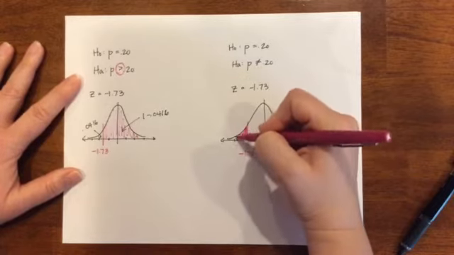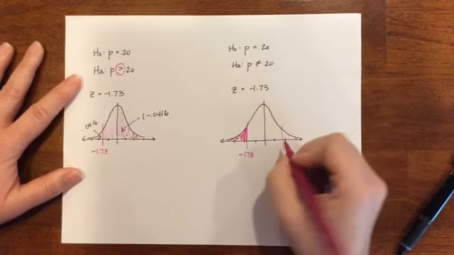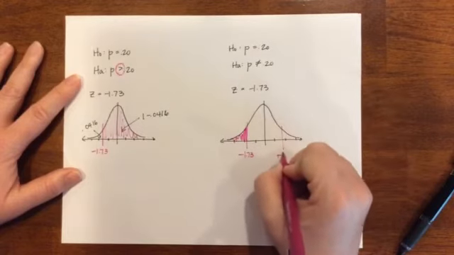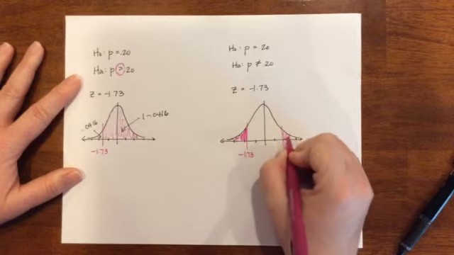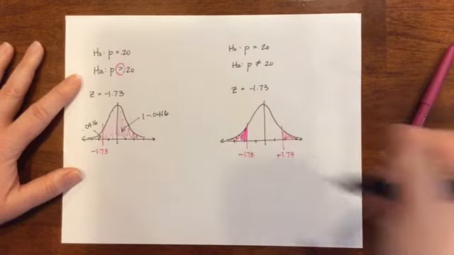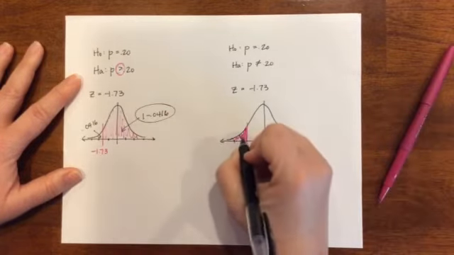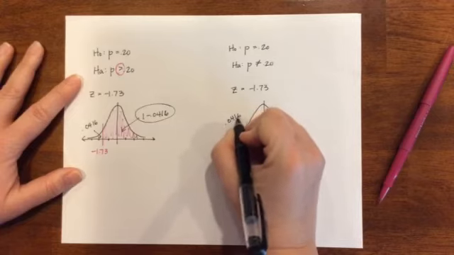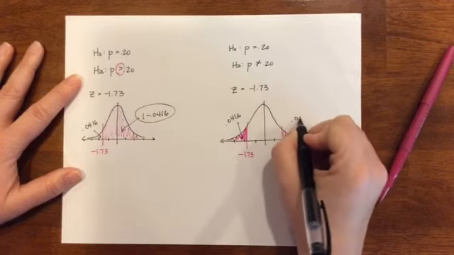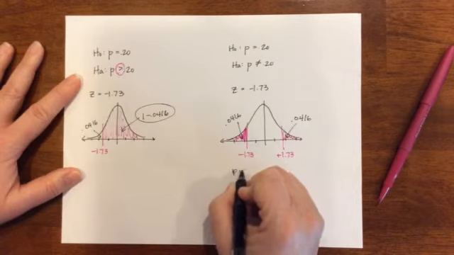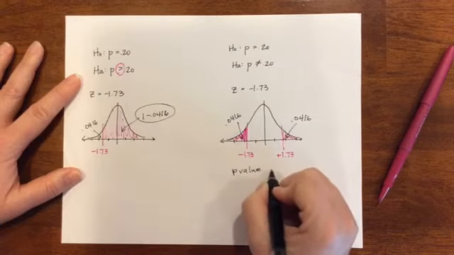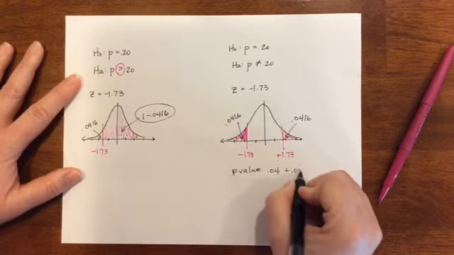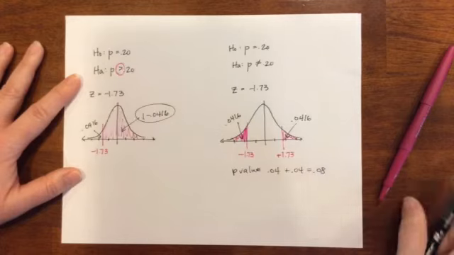It's called a two-sided significance test. Because of symmetry, the other tail is also 0.0416. So the p-value would be 0.0416 plus 0.0416, which is about 0.083.